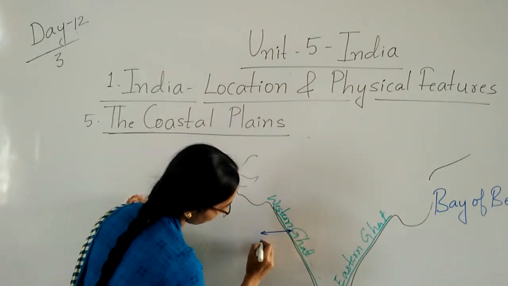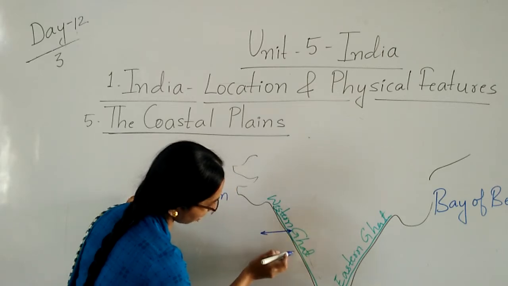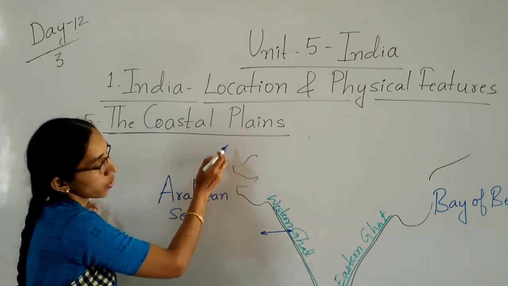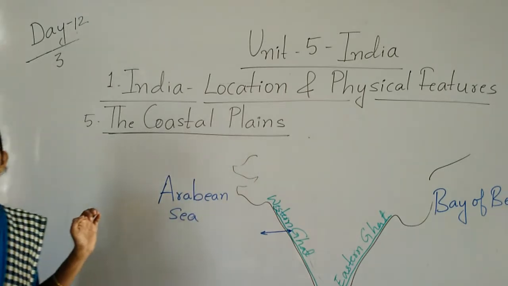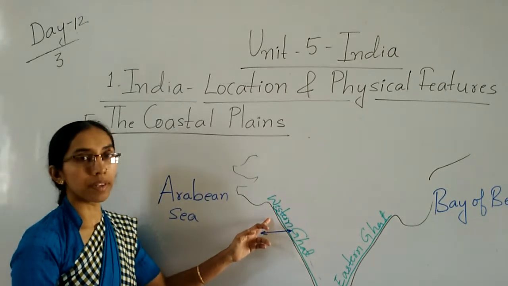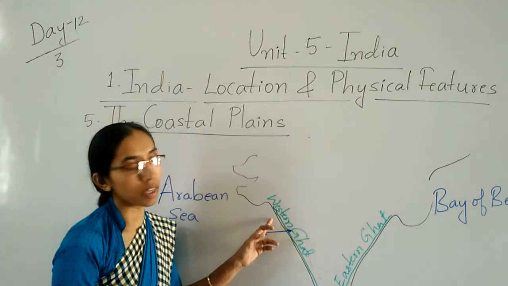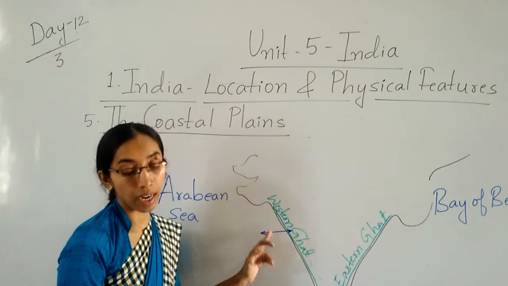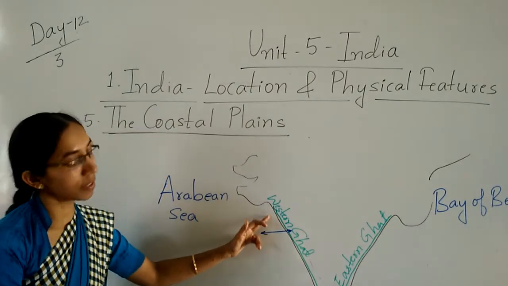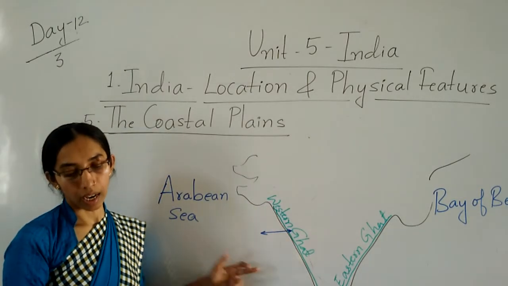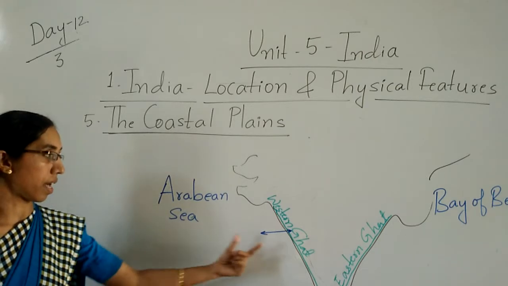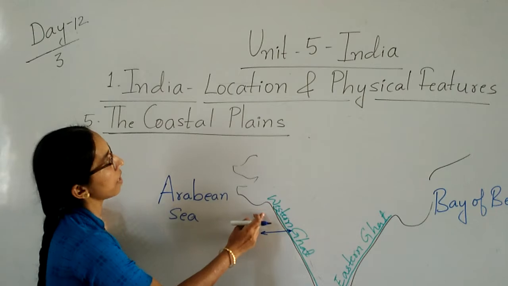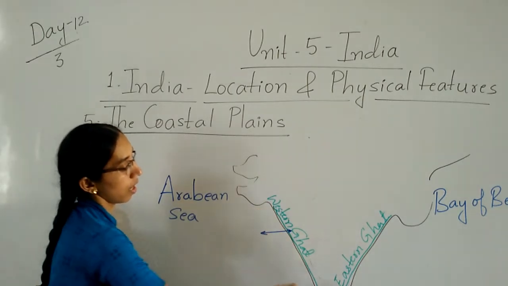The western coastal plain lies between the Western Ghat and the Arabian Sea. So this part is called the Western Coastal Plain.